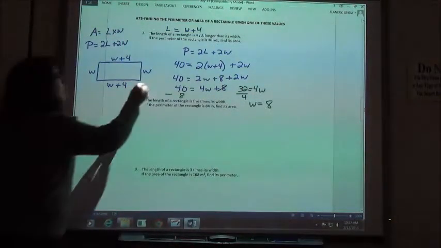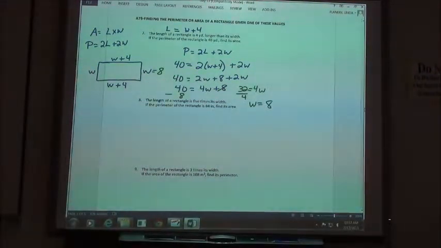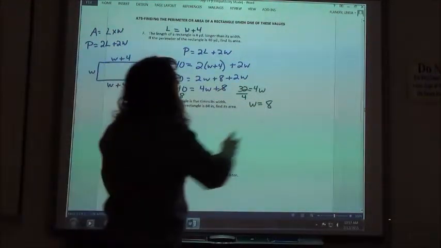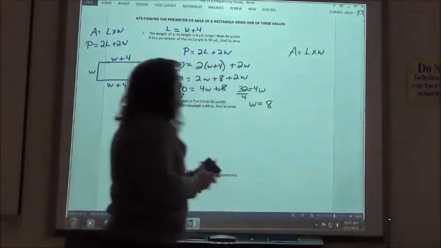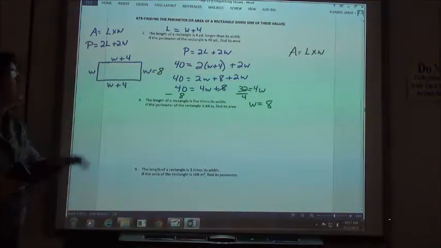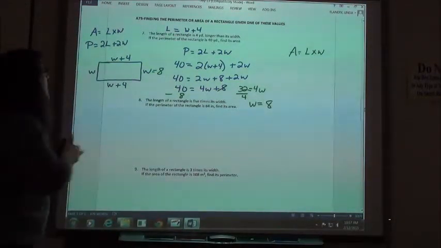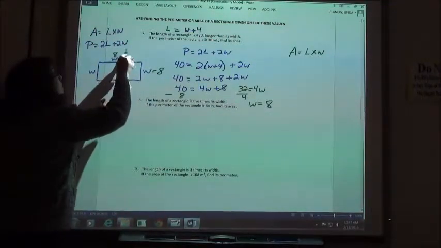I'm just going to go over here and label that width as 8. I want to find the area. In order to find area, area is length times width. So not only do I need to know what the width is, I need to know what the length is. So what I'm going to do is fill the 8 in here because I know the length is 4 yards longer than the width. So 4 yards longer than 8. 8 plus 4 is 12.